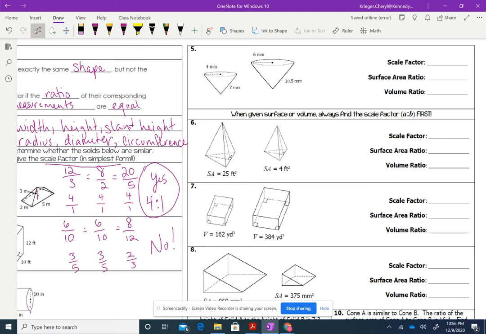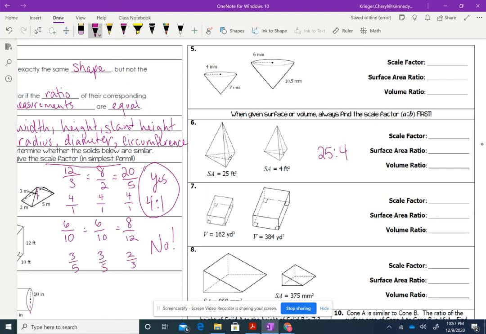Okay, so the surface area of the larger triangular pyramid is 25 feet squared, and the surface area of the smaller triangular pyramid is 4 feet squared. So we're comparing 25 to 4.